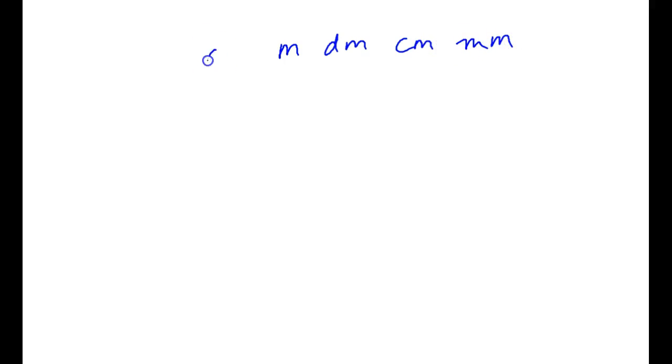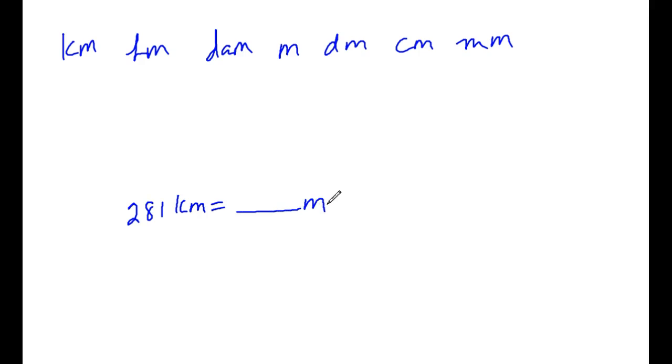You also have a decameter and a hectometer and a kilometer. So if I want to convert within the metric system, if I have 281 kilometers and I want to know how many meters that is, you can do that in two ways.